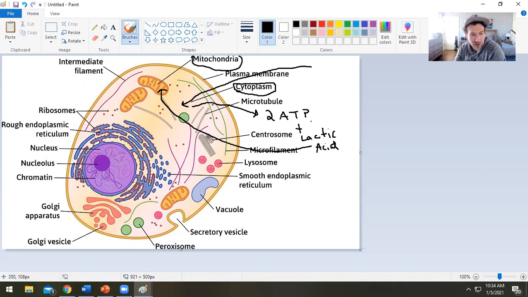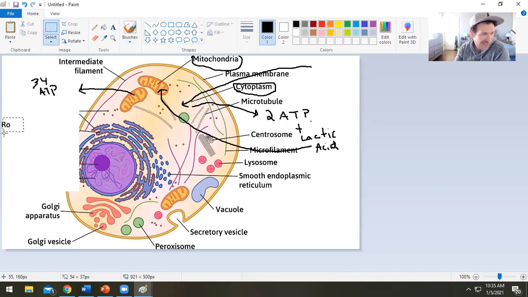And now that mitochondria is going to spit out 34 ATP. The reason it's 34 is because I need some space to write. Make some space here.